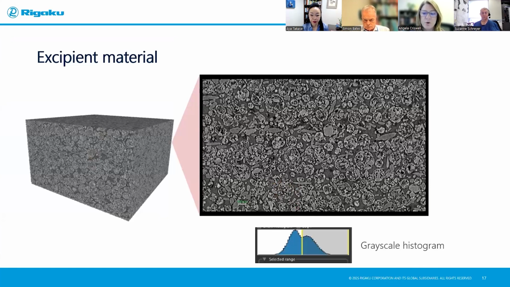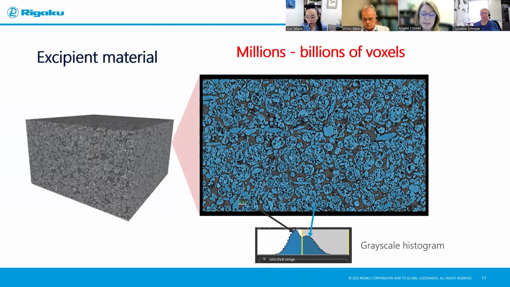If we look at a grayscale histogram of this data, there should be only a couple of peaks corresponding to those. We could very simply say, I'm going to draw a line at this point. Anything that is above this intensity is the excipient material, and anything below is the void space. And that's very quick and easy to do. In seconds, you can essentially segment or assign each voxel to excipient or void. And that's important because there are sometimes hundreds of millions to billions of voxels in a single three-dimensional image.